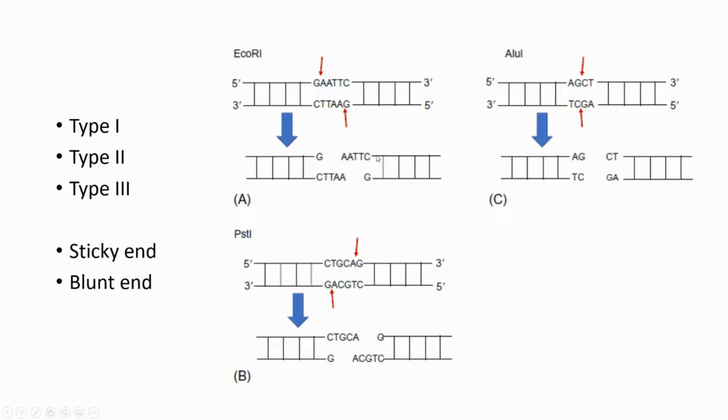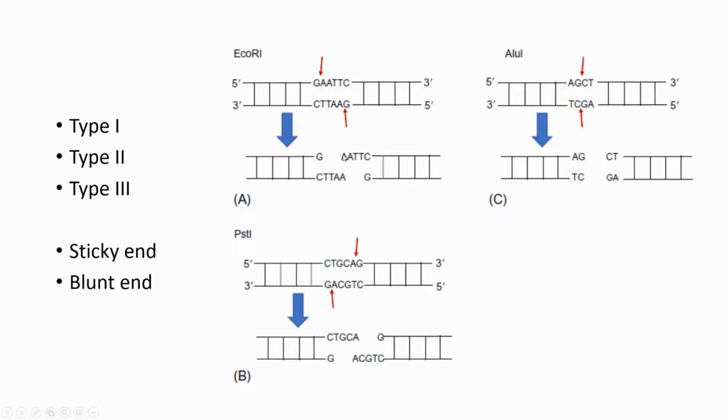So after EcoRI cuts, it produces this so-called sticky end, and for AluI, they produce the blunt end. And PstI recognizes CTGCAG, and they cut between A and G, and then they dissociate these 2 molecules. That's a sticky end.